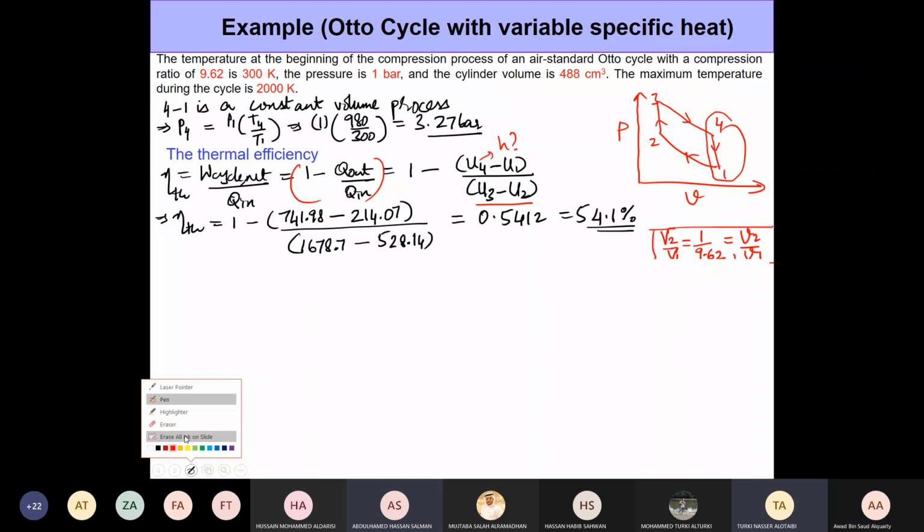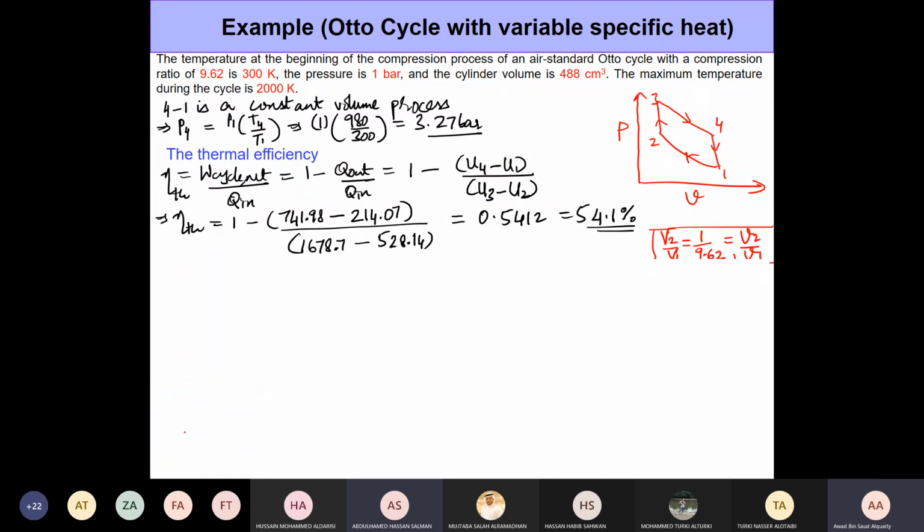Because it's a closed system, constant volume. Can you guys say one by one? A closed system. Okay, Abdul Hamid, what do you want to say? A constant volume. All right, yes, it's a constant volume process, and thanks for responding.